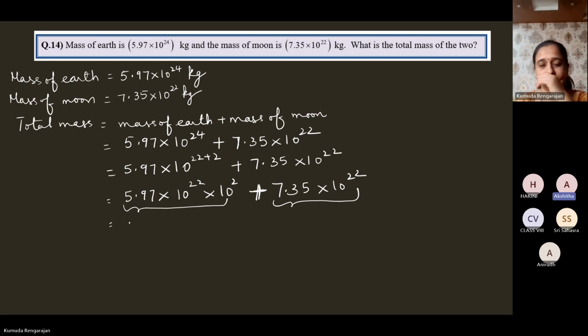They are both positive. Anyone can answer this. What's common between the two expressions? 10 to the power 22. Okay. Akshita, got it? Nice. And can I continue from here?